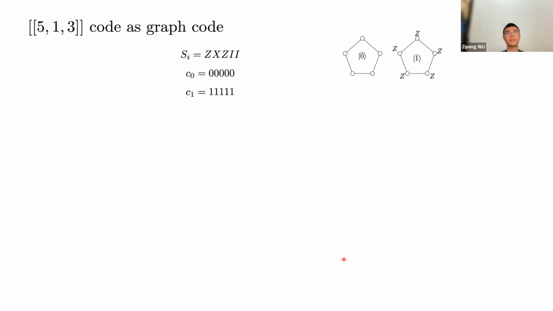So we'll see a very simple example, the [[5,1,3]] code. It is the smallest quantum code with distance 3. It's local Clifford equivalent to this graph code. The graph is a ring graph with 5 nodes, and the classical codewords are 00000 and 11111.